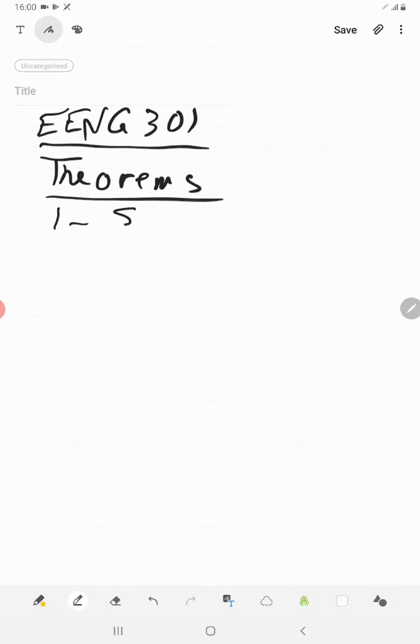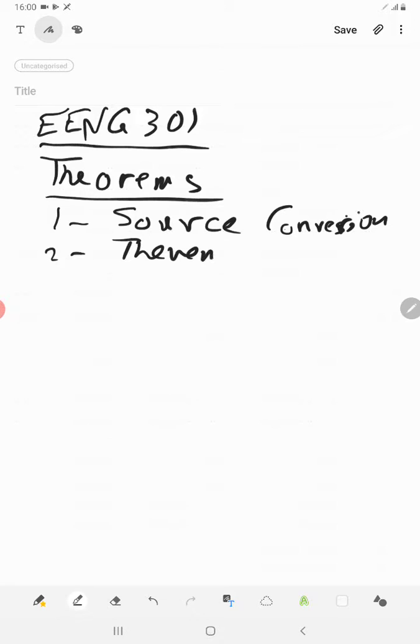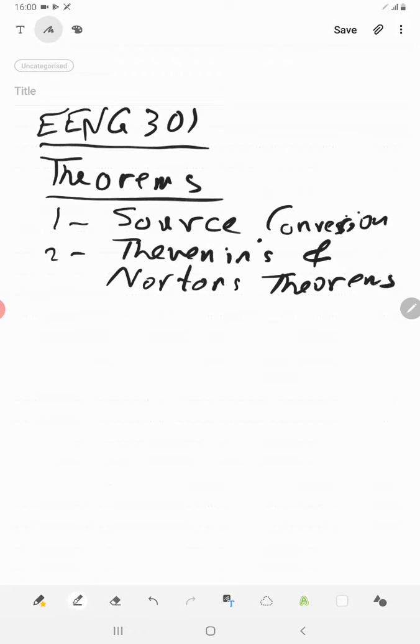One is source conversion, and two, Thevenin's and Norton's theorems, and three, superposition.